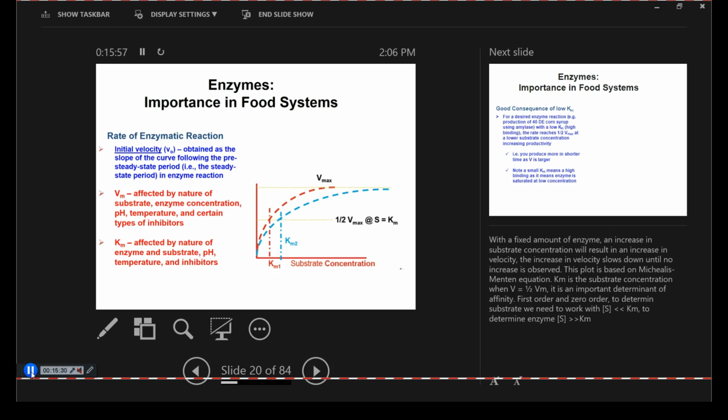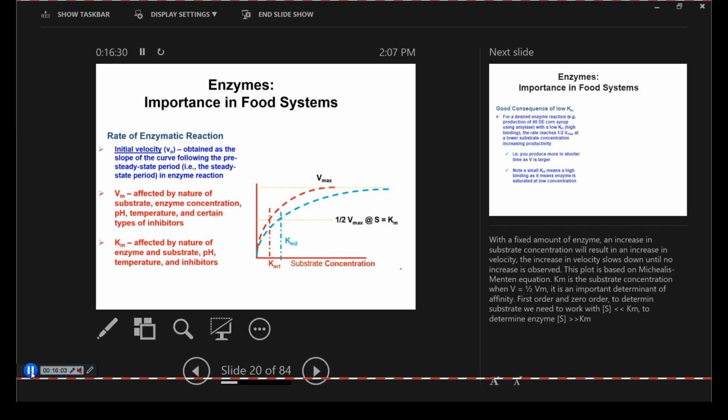Do you want to say something? The red one, why? Just faster. Faster. So you reach Vmax over 2 at a lower substrate concentration. So you reach the same velocity here at a lower substrate concentration, and here you need a higher substrate concentration to reach that same velocity, Vmax over 2.